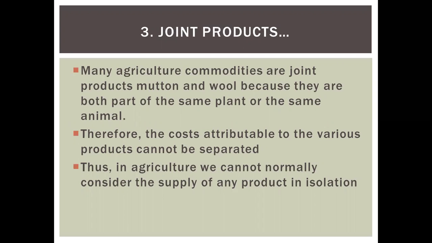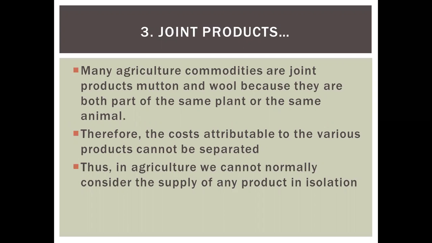So many agricultural commodities are joint products, like mutton and wool, because they are both part of the same plant or the same animal. Therefore, you cannot decide the cost of a particular product. The cost attributable to the various products cannot be separated. You cannot calculate the cost of the milk, you cannot calculate the cost of the meat. So a separate calculation of these things becomes very difficult.